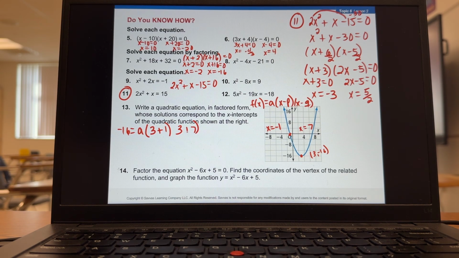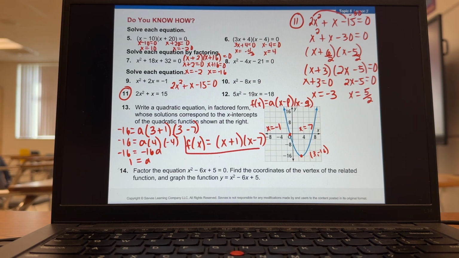That was not a negative number. So 3 plus 1 is 4. 3 minus 7 is negative 4. 4 times negative 4 is negative 16a. Negative 16 divided by itself is a positive 1. So f of x equals, if you want to put a 1, you can, x plus 1 and x minus 7 would be your final answer for 13.